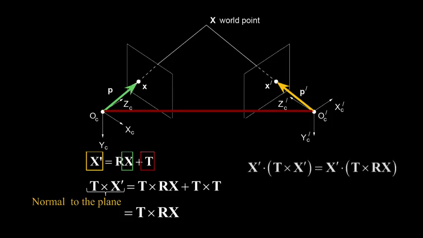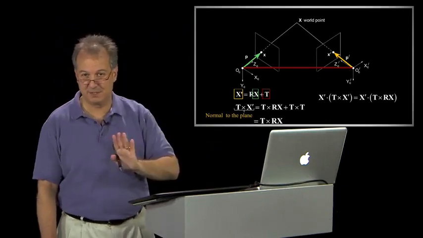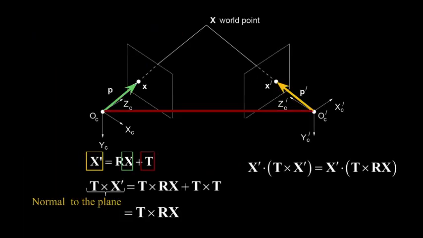Got it? Okay. Now, let's take both sides of that equation and dot it with x prime. So we get x prime dot t cross x prime equals x prime dot t cross Rx. I sure hope you're reading this, because listening to me sounds ridiculous. Let's take a look at this left-hand side. T cross x prime gives us what?